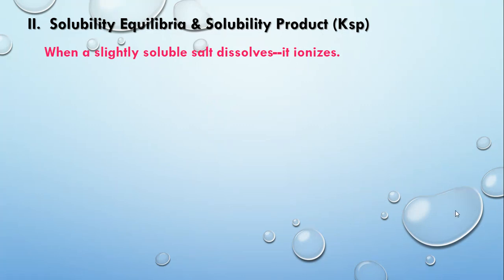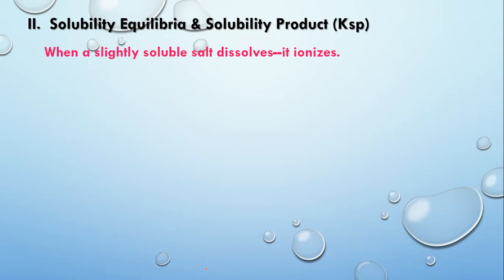This lesson is on solubility equilibria and the solubility product constant, or KSP. So we've been learning about equilibrium and our ICE tables or our RICE tables, and we have looked at how to handle acid-base equilibria, just normal gas equilibria.